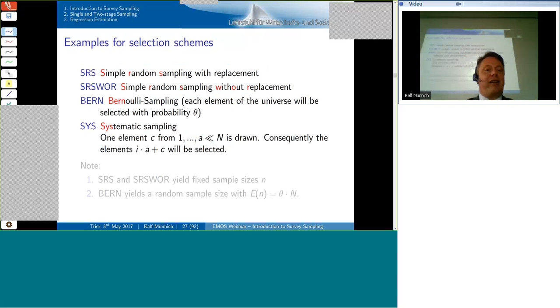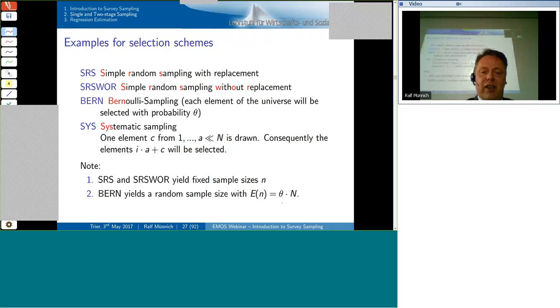Systematic sampling is another one. You draw one element, and then consequently you follow in equal steps to get other elements. So the question, of course, is what are the big differences and what is the impact of that? In the first two cases, you predefine the sample size.